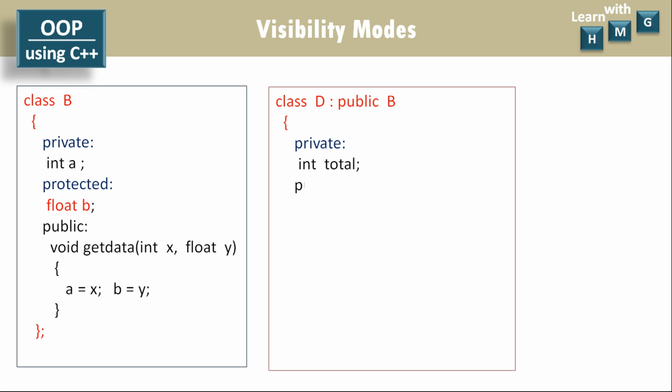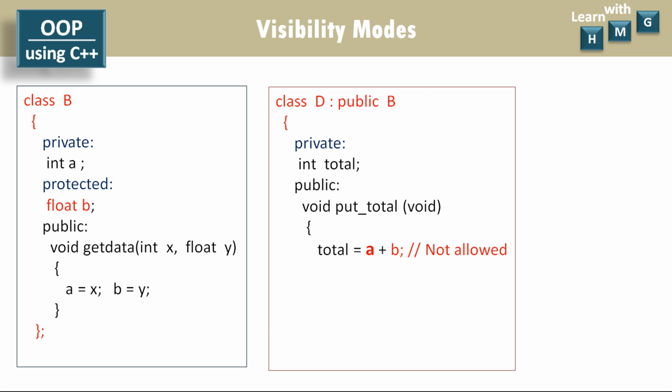In the public section there is a putTotal function, and in this putTotal function, suppose I am writing total is equal to A plus B. Suppose I am trying to get the total, that is the addition of variable A plus variable B. This is not allowed. Why is it not allowed? Because A is a private data member of class B and private data members of any class are not accessible outside the class.